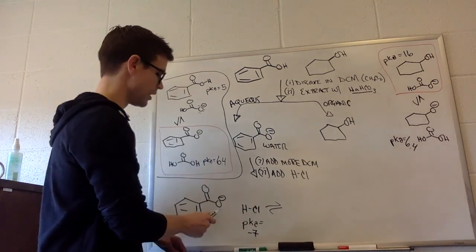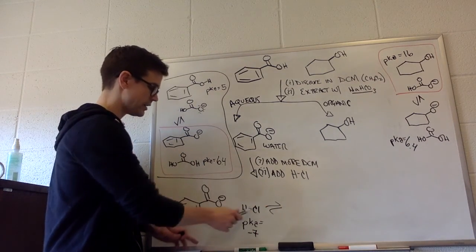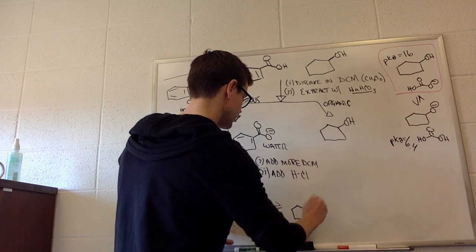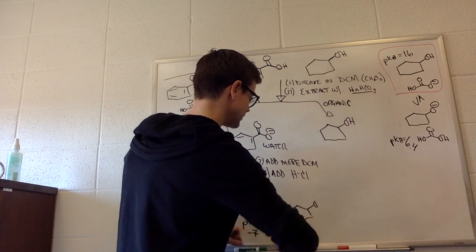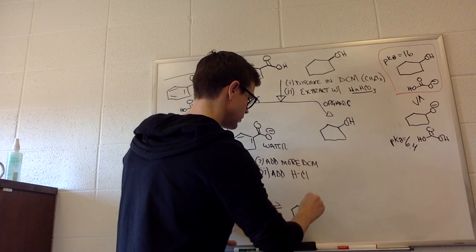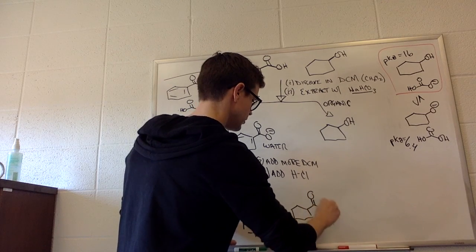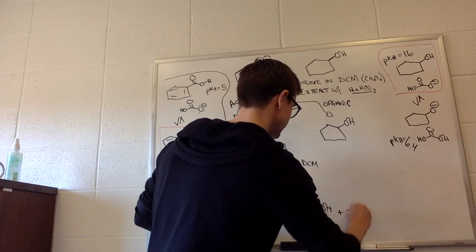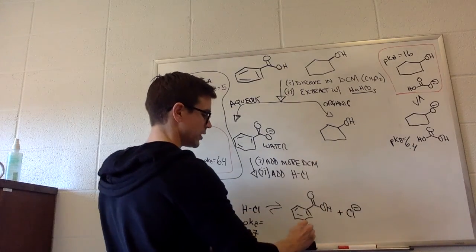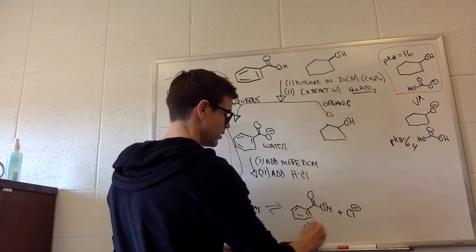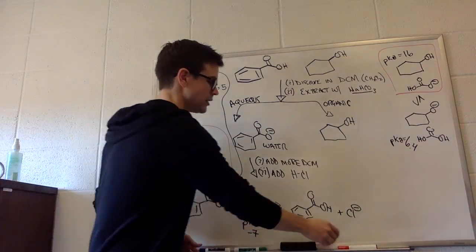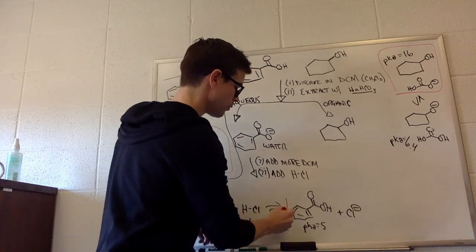So if this carboxylate takes that proton, it would form the carboxylic acid and Cl minus. The carboxylic acid's pKa is 5. So again, we've added a stronger acid. We've forced the equilibrium over to here.